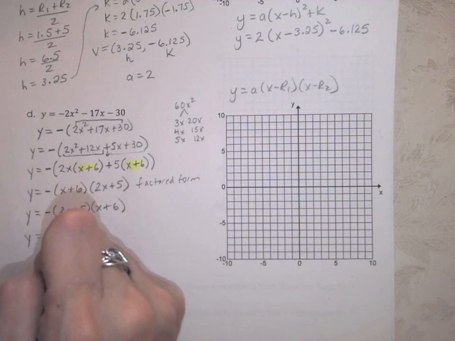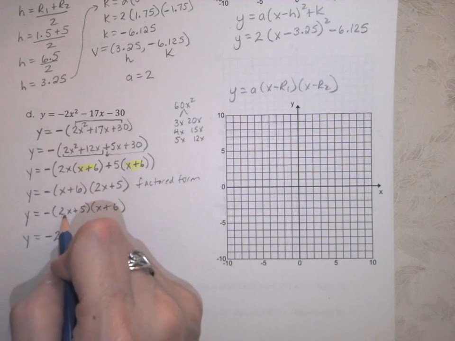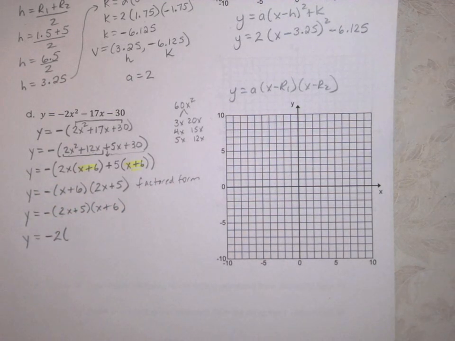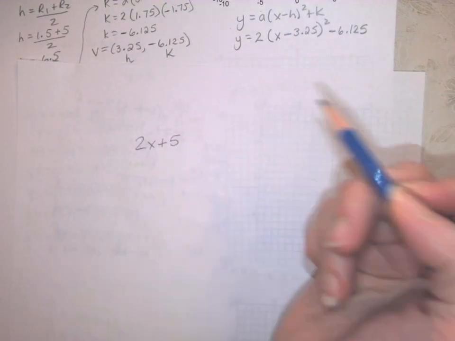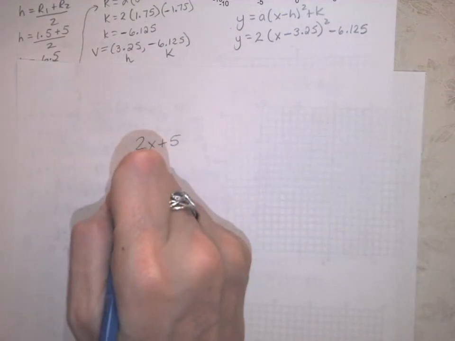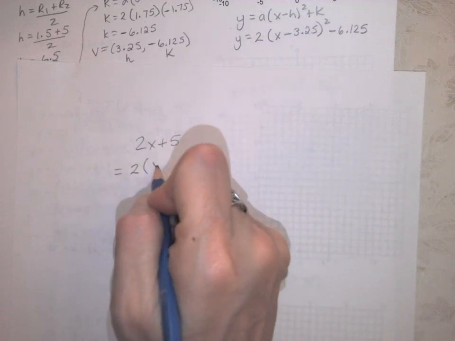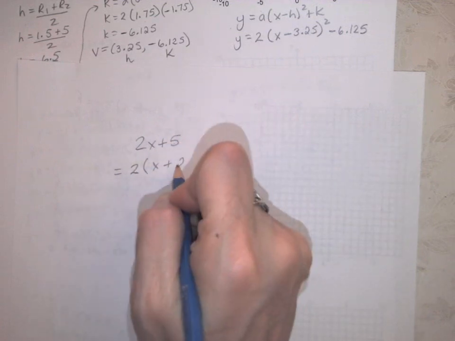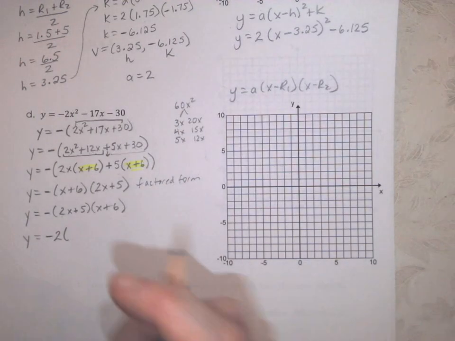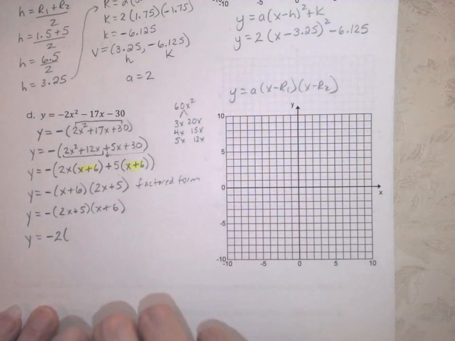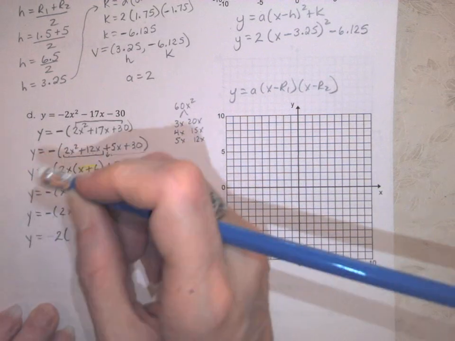So if I force the 2 out by common factoring, I'm going to get 2 times x plus 5 divided by 2 is 2.5. Okay, so the negative sign is just out front here.